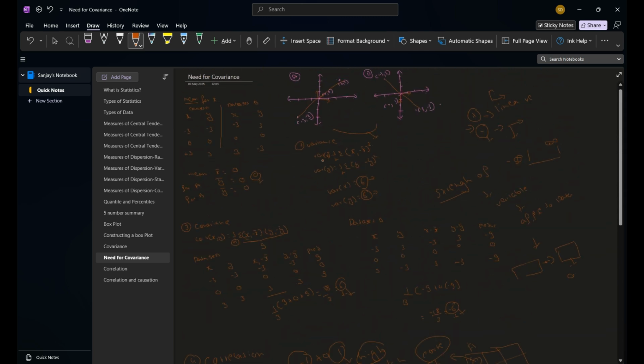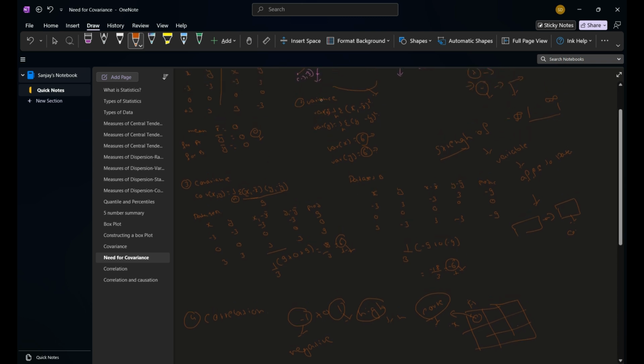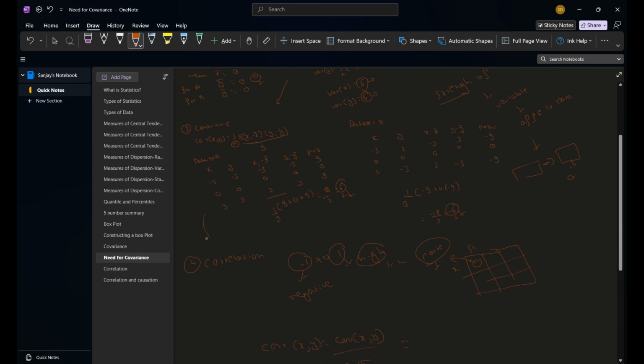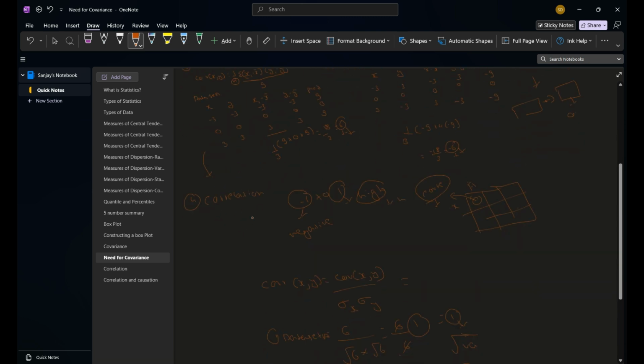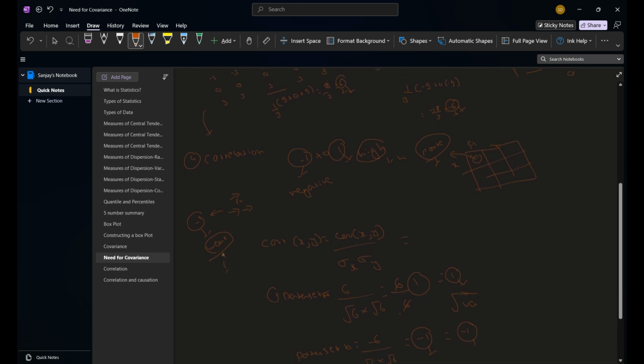Now we understand why there is mean, why there is variance, why there is covariance. To tackle the drawbacks of variance, we get the covariance, and the covariance only tells the direction of the linear relationship. There is a metric called correlation which tells us the strength of the relationship between the two variables. The more it is towards 1, the more highly positively correlated it is. The more it is towards -1, the more negatively correlated.